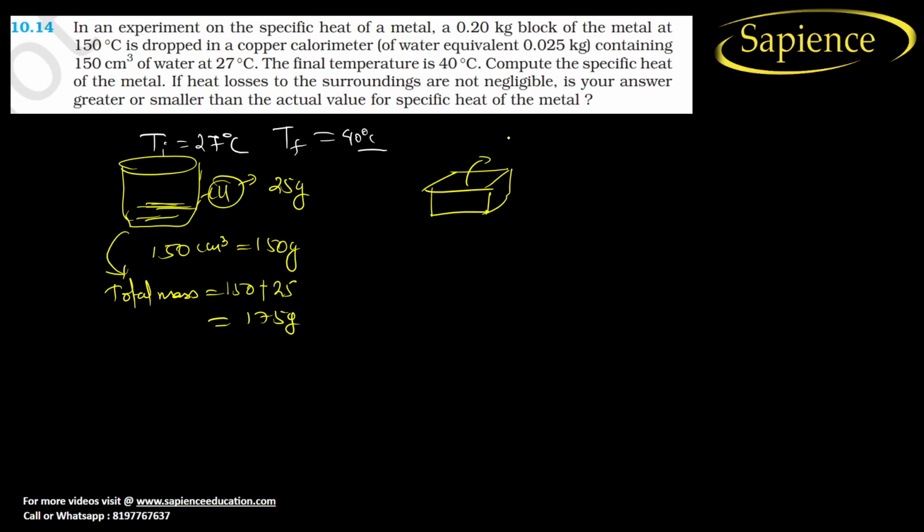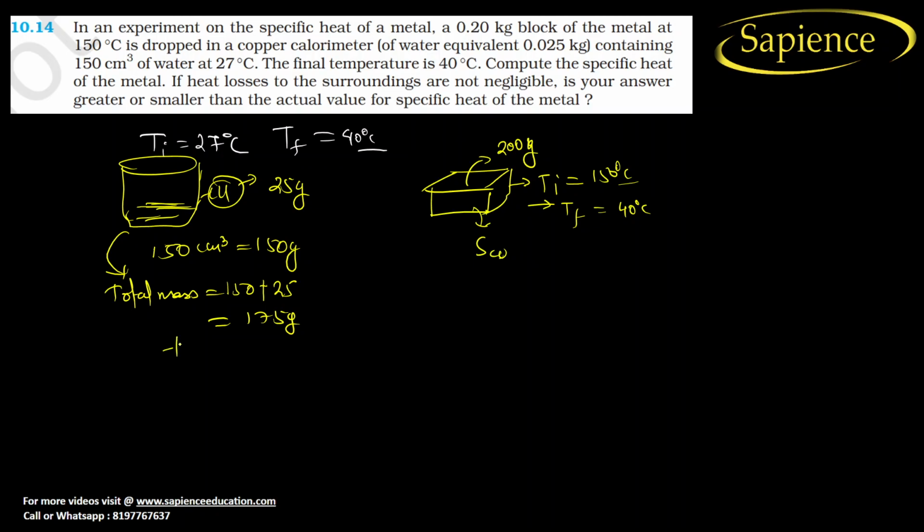The mass of the block is 0.2 kg, which is 200 gram. Its initial temperature is 150 degrees Celsius, and the final temperature is 40 degrees Celsius. We want the specific heat of the metal.